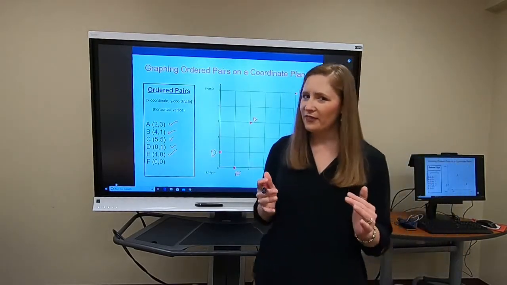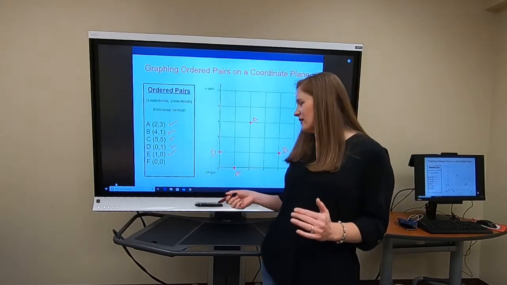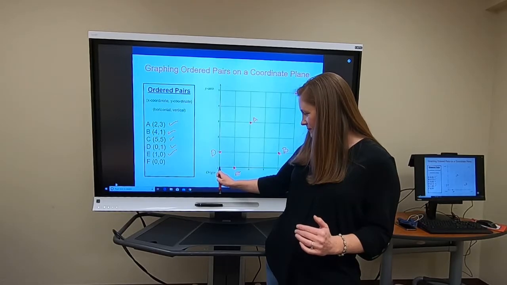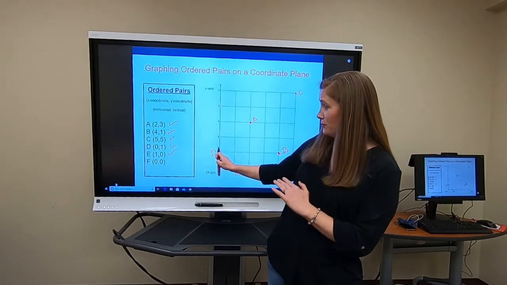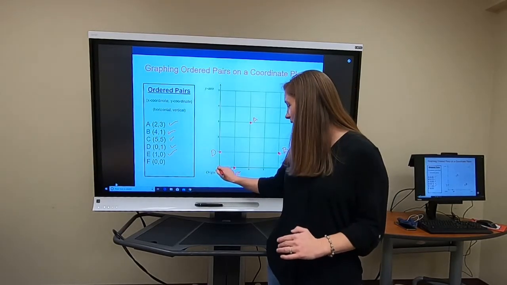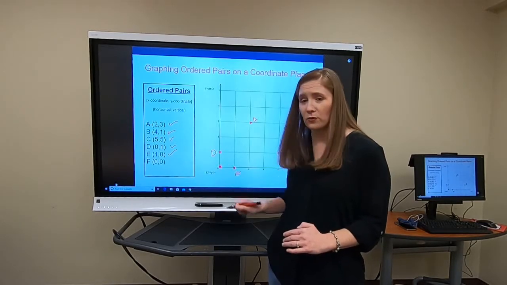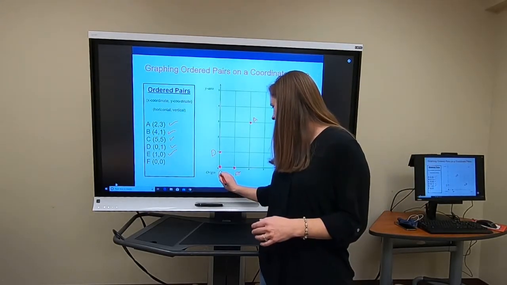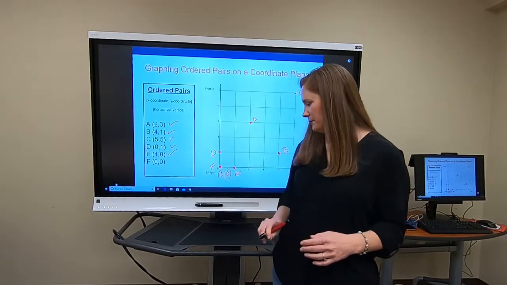Sometimes this throws us, but if I start right here at the origin and I don't move horizontally and I don't move vertically, I'm where I started. So I am at that very important point, the origin. That is 0, 0, which is F.